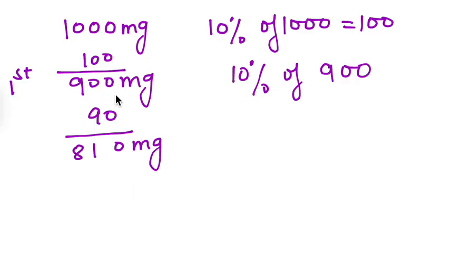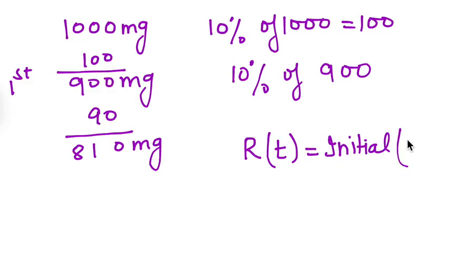So every year the amount is changing. That type of change is exponential decay. For this, the formula is: the radioactive element remaining after t years is the initial amount times (1 minus rate percent) to the power t. If it's 10%, then 1 minus 10% is 0.9, raised to the power t.